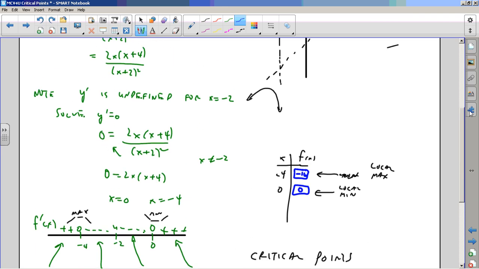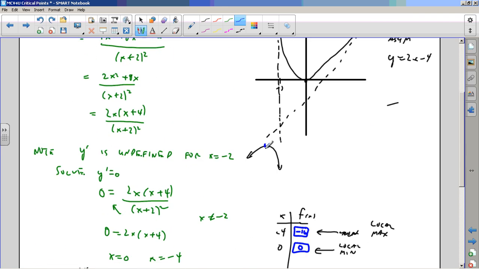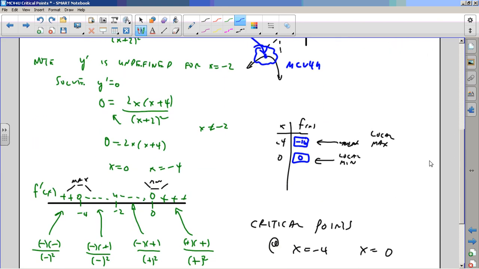Well, here we are, folks. This point, -4, -16, is a local maximum. This one we might have been able to get in functions, but this is a local minimum, 0, 0, just like we knew from the first derivative.